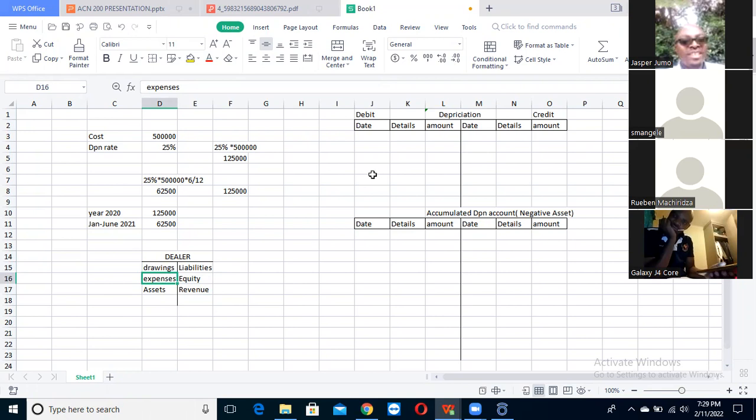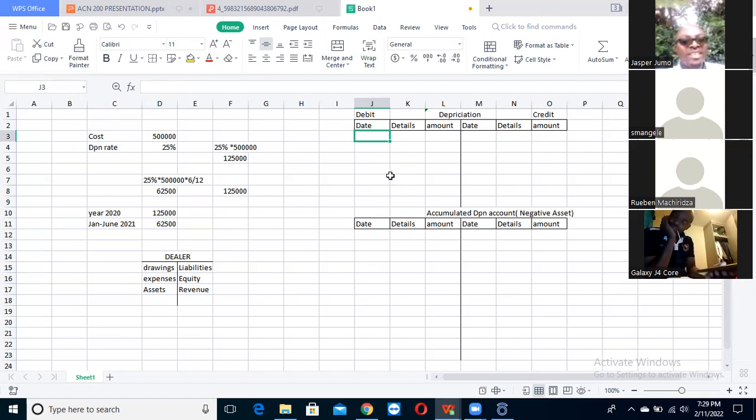So if depreciation is an expense and we found that at the end of the year we had a depreciation charge of 125,000, it follows that we are increasing an expense. To increase an account with a debit balance, we put the event on the debit side of the account. So you want to record the depreciation charge for the year on the debit side.